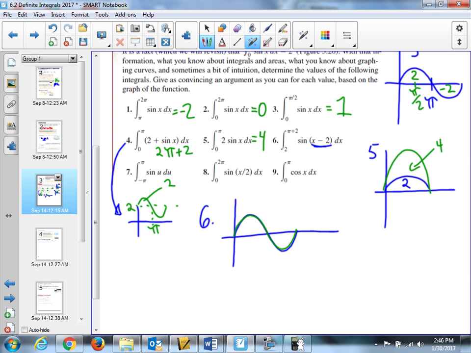What does this command me to do? To the right. Okay. So it'll be somewhere like this. Now this is moved over, instead of at 0, it's at 2, right? What would this midpoint be? Normally it would be pi. Pi plus 2. Okay. We're supposed to find the area from 2 till pi plus 2. Isn't this the same hump as before? Okay. So that's still 2.